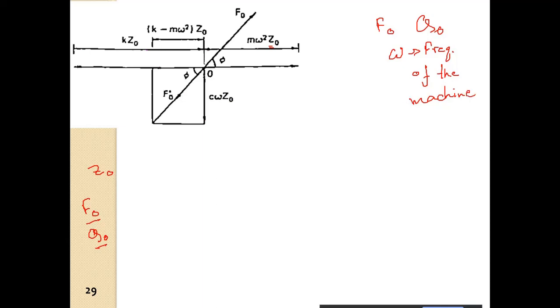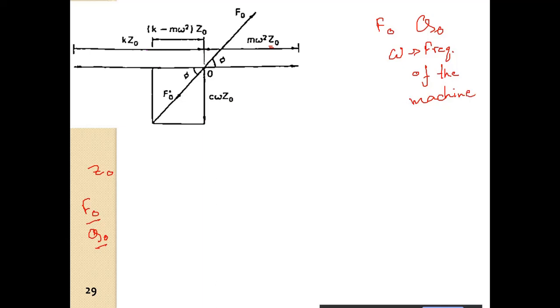First of all is the maximum amplitude Z0, because F0 or Q0, whatever you say, is the maximum force from the applied system, so that is already known. The manufacturer of the machine will give you those data. When the machine is operated, it will exert a maximum force F0 or Q0, and omega will be the frequency of operation of the machine.